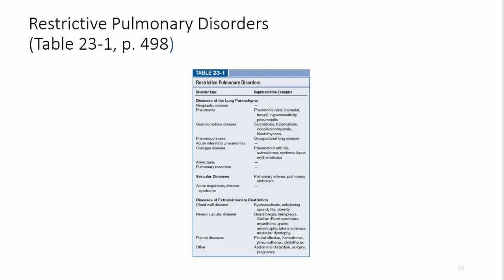Hard to fill because of vascular problems, edema, that kind of thing. No place for it to fill. And diseases due to extrapulmonary restriction, like broken ribs or scoliosis, things like that. So that's the way we break them down. But they all have the same effect. The lungs can't fill fully.